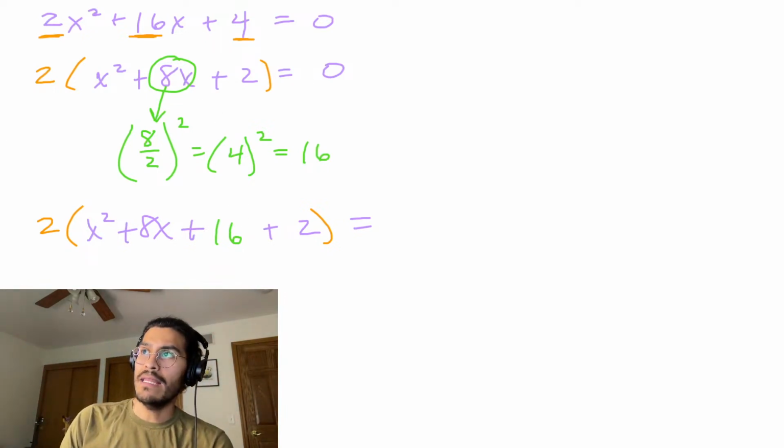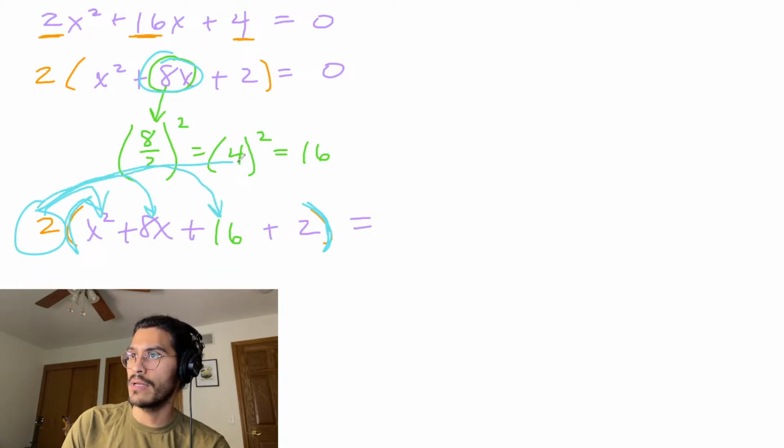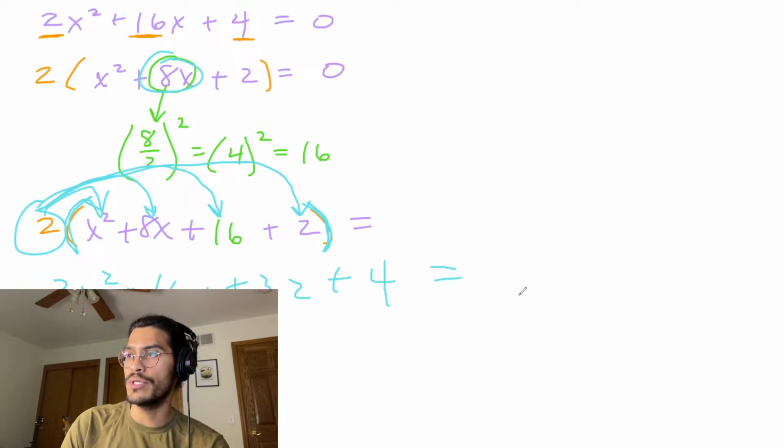Notice we're adding this 16, which we got from 8 divided by 2, which is 4, and then squaring it. We're adding that inside this parentheses, because we already factored out this 2. If you were to redistribute this parentheses, the 2 would have to go to each one of these things. And we'd have 2x squared plus 16x plus 32 plus 4 equals what?